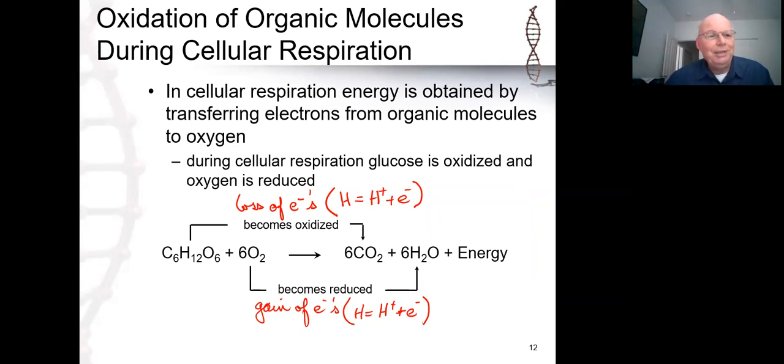But again, remember, it's all about the electrons. So those electrons that were lost from glucose are added to oxygen to give water. So the glucose is oxidized to carbon dioxide. The oxygen is reduced to water. There's our redox reactions. And remember, we are moving the electrons out of glucose, and they are primarily in the form of non-polar covalent bonds into the polar covalent bonds of carbon dioxide and water.